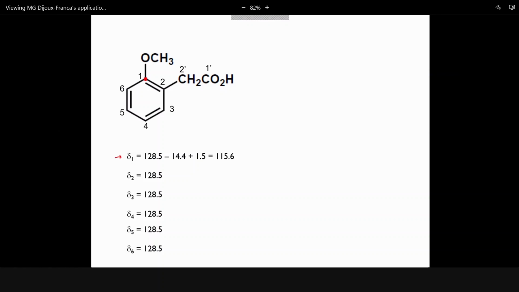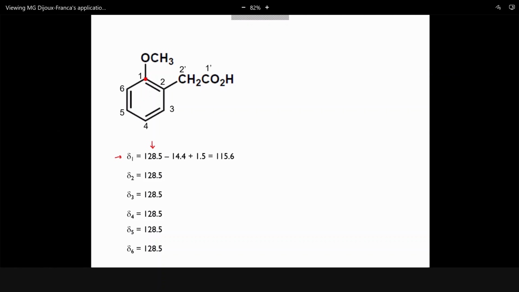We start with the theoretical value, which is 128.5. Then we look at what is on the carbon, but also what is on the nucleus, on the aromatic ring.